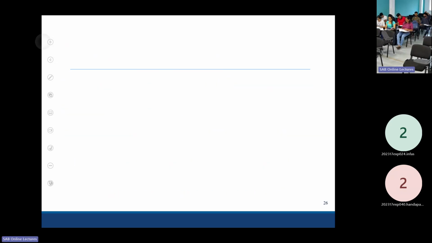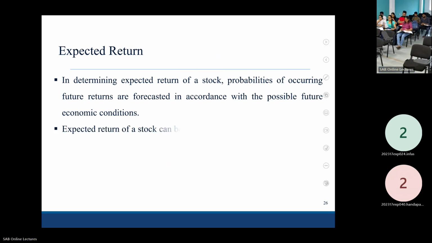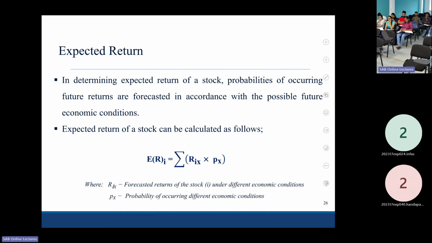So I gave you the expected return from here. As an investor, you are investing today for the future, so expected return is the most important thing, because you are expecting some future return.